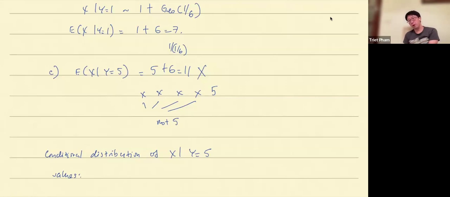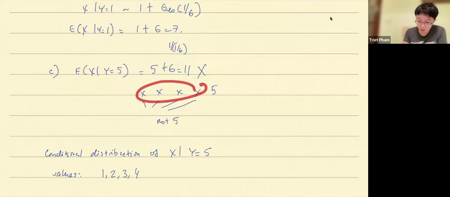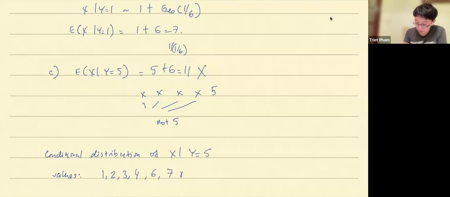Condition Y equals 5. What values can X take? Answer: 1, 2, 3, 4, as we discussed, but not 5. And then 6, 7, 8, etc., all the way to infinity.